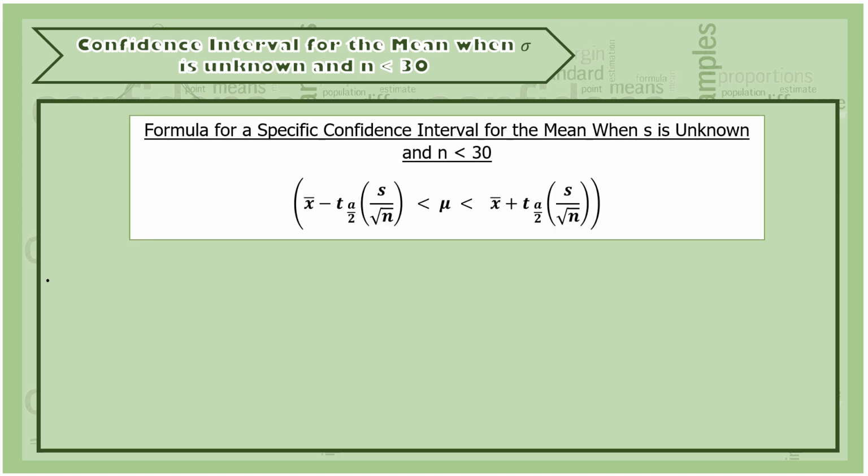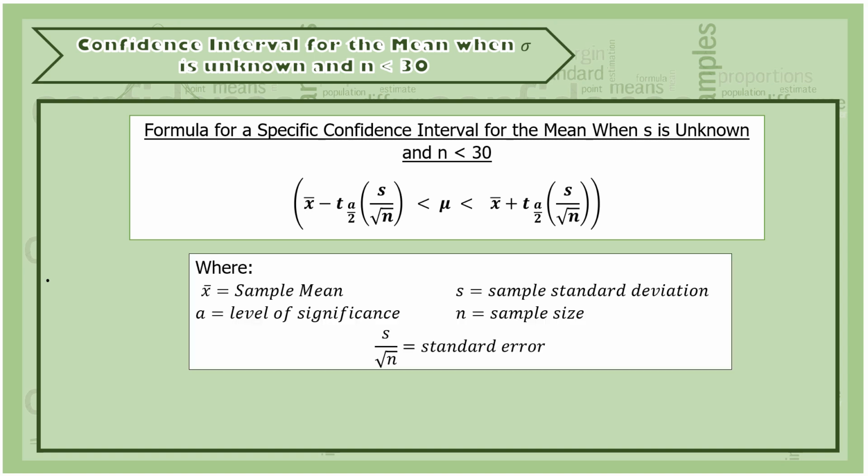So, this is the formula that we'll be going to use in finding confidence interval for the mean when population standard deviation is unknown and n is less than 30, where x bar is the sample mean, alpha is the level of significance, s is the sample standard deviation, and n is the sample size, and s over square root of n is the standard error.